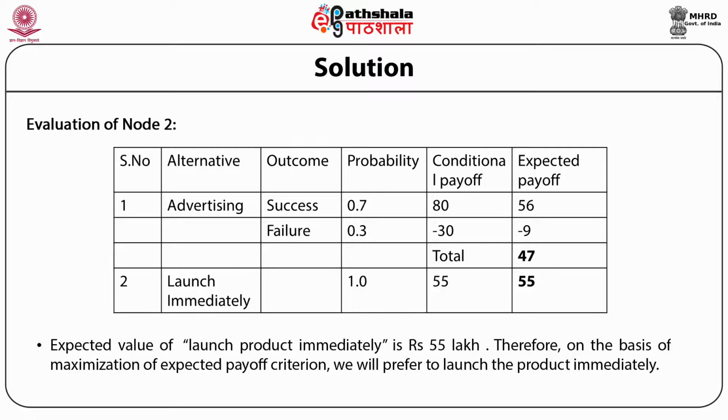We are given the conditional payoff, and we can calculate the expected payoff. The total payoff in case of the advertisement is 47 lakhs, and in case of the launch immediately, the total payoff is 55 lakhs. So obviously decision number 2 would be to launch the product immediately because of the maximization of the payoffs.